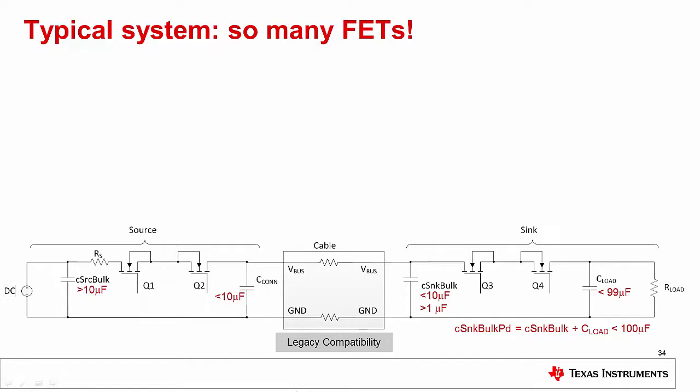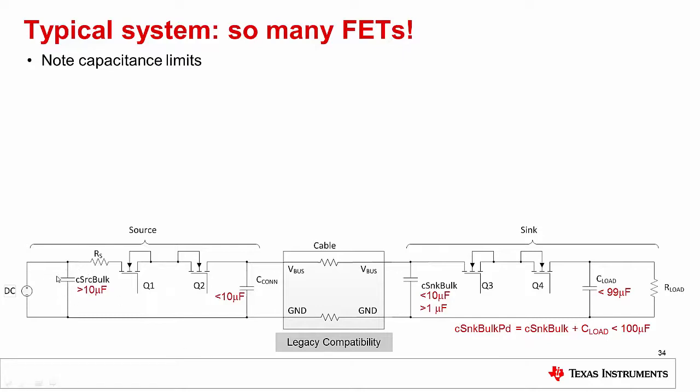First of all, let's look at a model of the source and sink systems. Below, you see the source side, just what it would look like from a power perspective, not showing any data lines, and then the sink side with a cable in between. So let's talk about that. First thing is to note the capacitive limits.